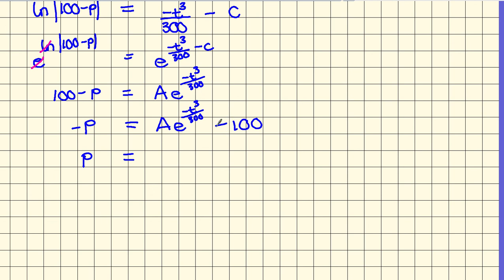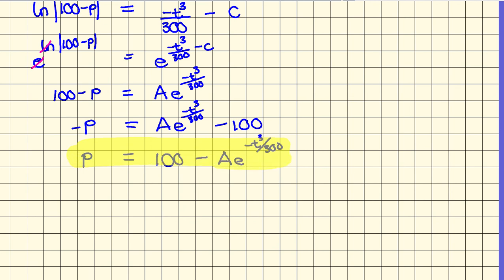If you times that by negative 1, that's plus 100. I'm just going to swap those two sides around, just because it looks nicer. I don't want to start with a negative sign at the front. Alright, so I've integrated and I rearranged to get p by itself. So that is what we call our general solution.